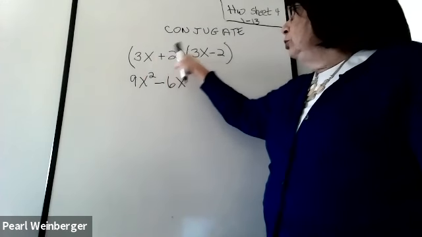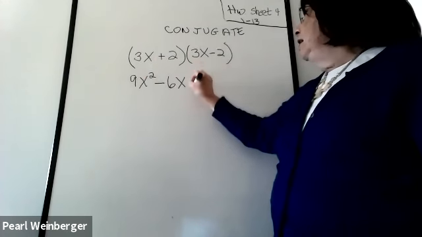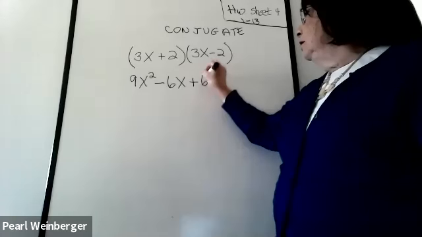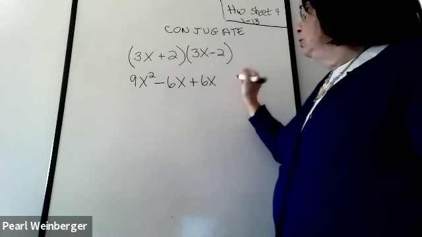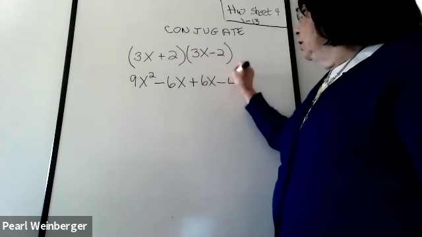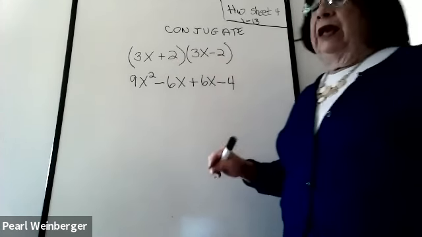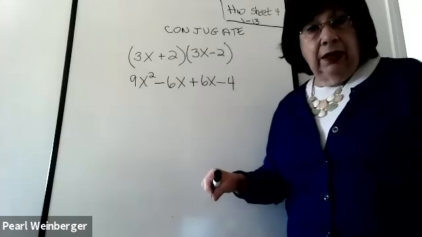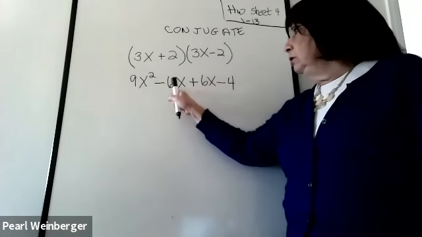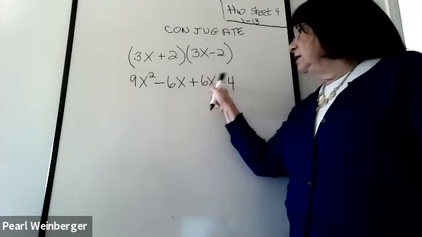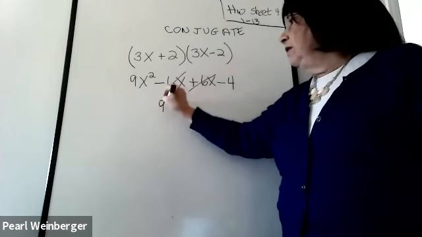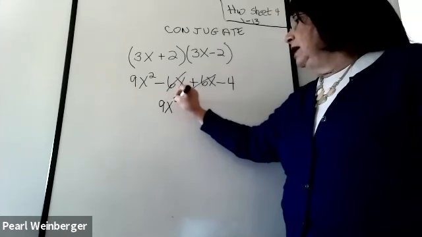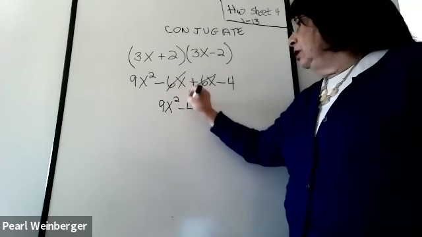Inner, 2 times 3x is plus 6x. And finally, 2 times negative 2 is negative 4. And I look to see if I can combine any like terms, and the two middle terms, negative 6x and positive 6x, just cancel each other out, so that my final answer becomes 9x squared minus 4.